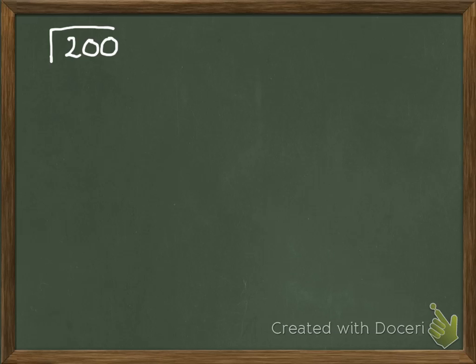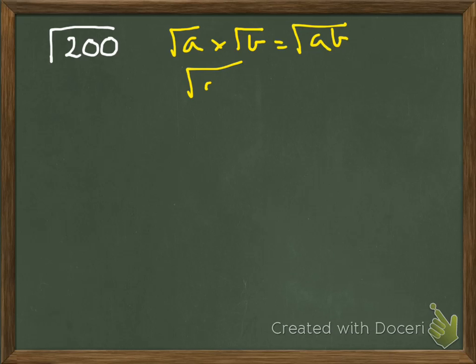Okay, so let's do root 200 now, and I'm going to use the rule of root A times root B equals root A times B, and in fact the other way round you can write that: root of A times B equals root A times root B. So is there anything in here that I can do to pull that out?